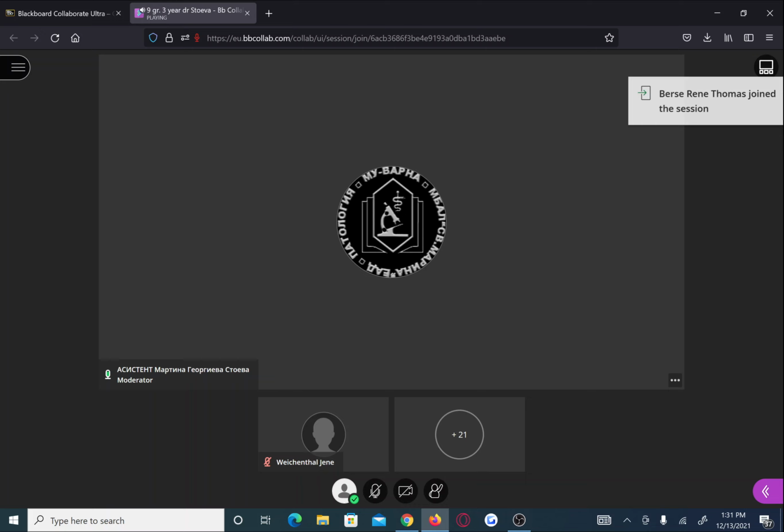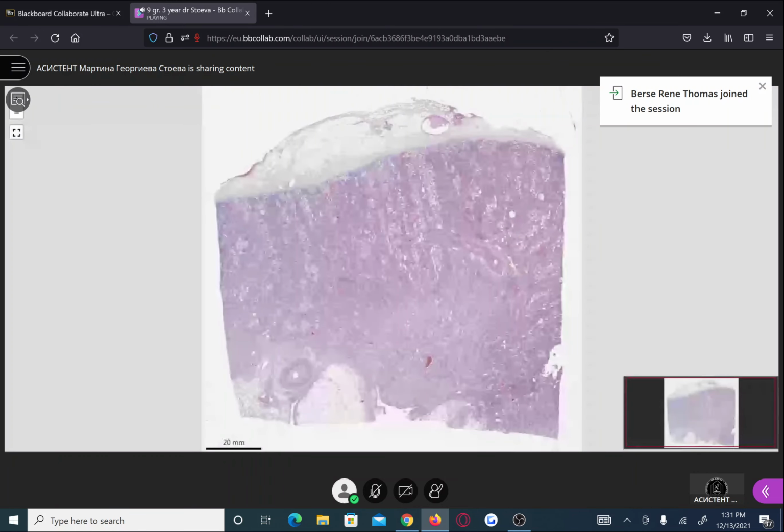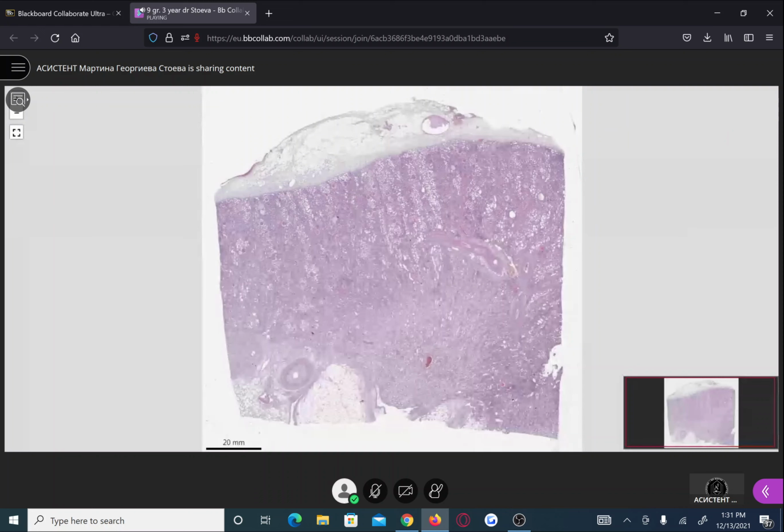Now I'm sharing slide number 18, hyalinization of the arterioles and glomeruli in the kidney.